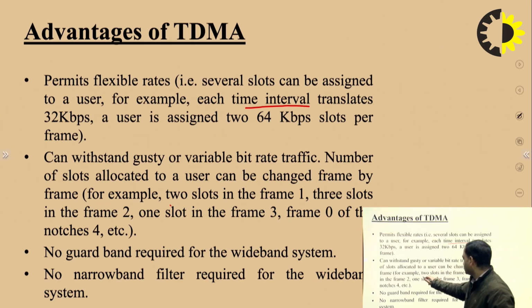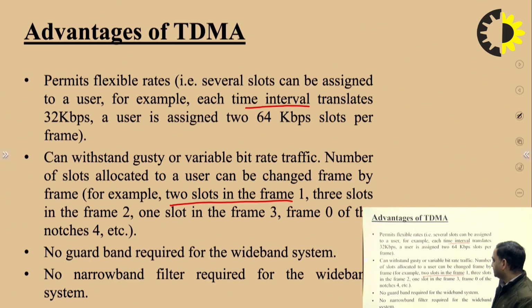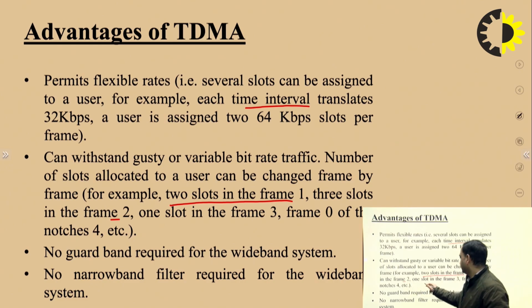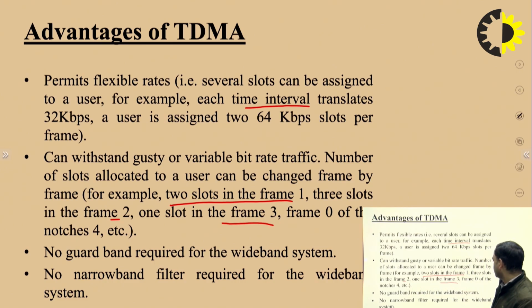So 2 slots in one frame, 3 slots in frame 2, and 1 slot in frame 3, and so on. So in this way we can do the framing, and it is scalable, we can use the different frames for that.